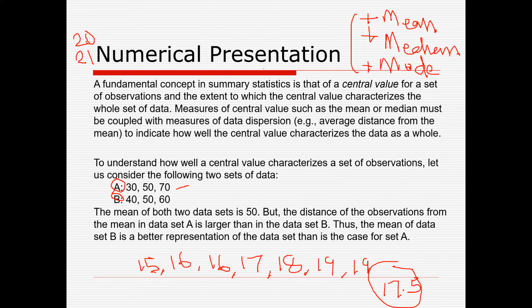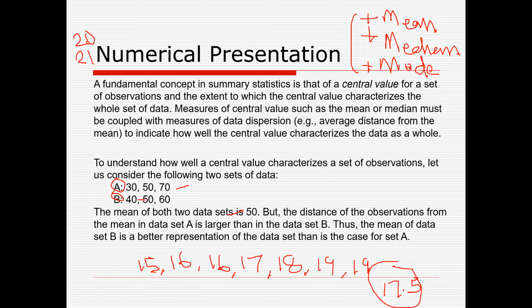Because if you look at these data sets, the first data set, you will see the difference between 30 and 50 is very wide. And the difference between 50 and 70 is also very wide. It's twice the distance between the 40 here and the 50 here. The difference between this one is 10. The difference between this one is 10.